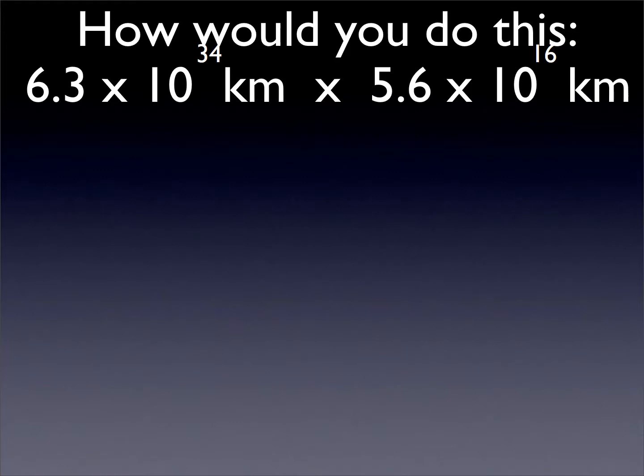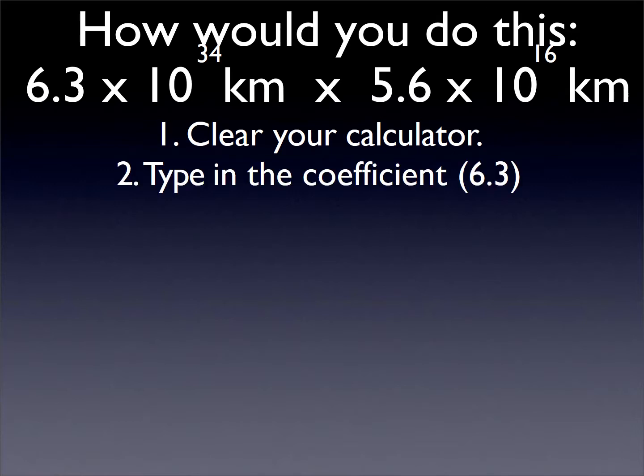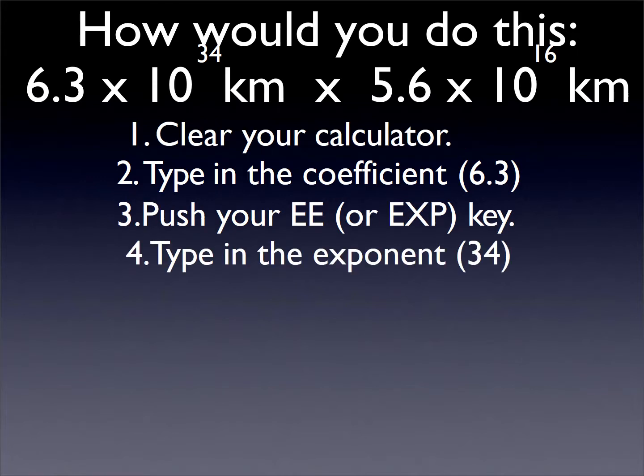So how do you do this? 6.3 times 10 to the 34 kilometers times 5.6 times 10 to the 16 kilometers. So you make sure your calculator is clear. Type the coefficient 6.3. Push your EE or exponent key. If you have to do the second function, that's fine. Hit second EE. 34, because the exponent is 34.